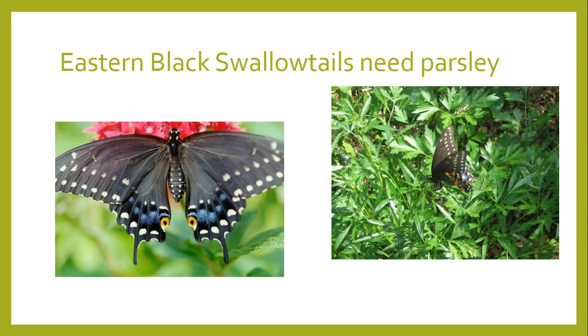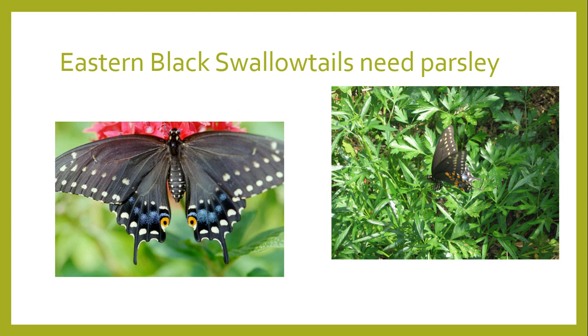If you are in the eastern United States, you might recognize this big, beautiful black butterfly called an eastern black swallowtail. It lays its eggs on carrot family herbs, which can include parsley, dill and fennel. Dill and fennel. That's what I meant to say. I don't think I'm going to edit that out because that was funny.